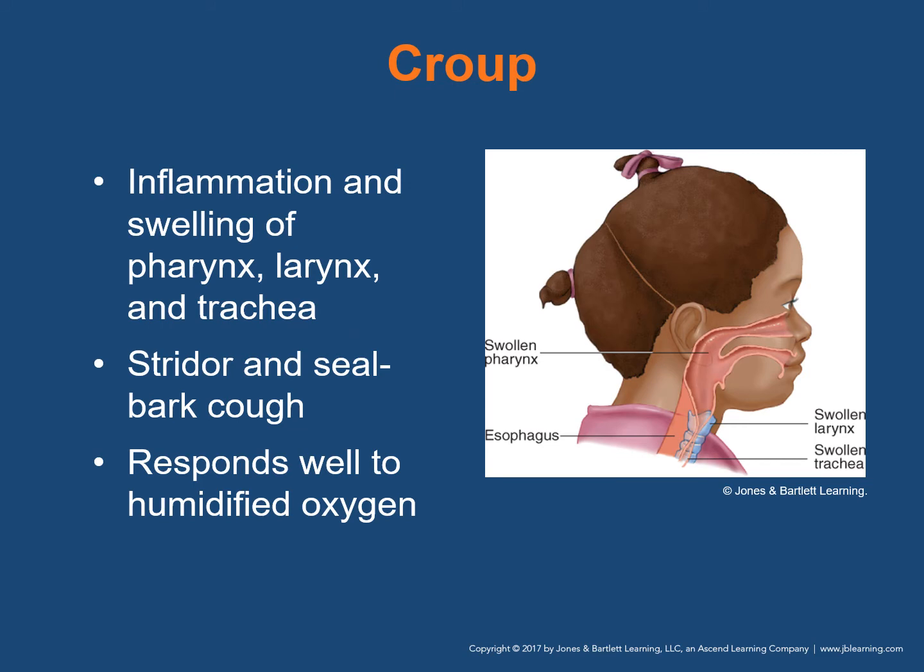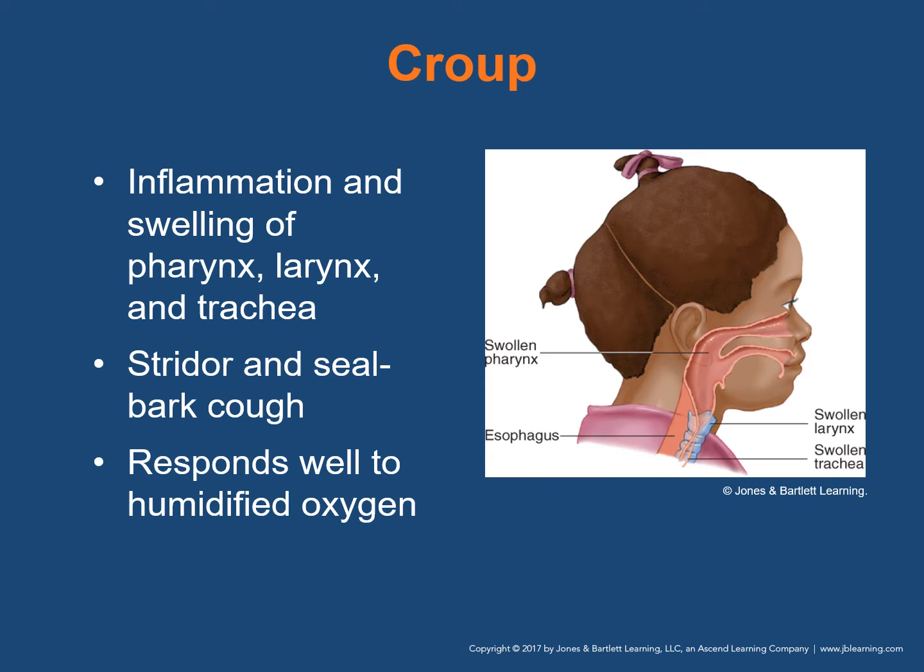Okay, let's talk about croup first. Croup basically is swelling and inflammation in the pharynx, larynx, and trachea, and that soft tissue there. It's quite frequently seen in little kiddos, 6 months to about 3 years. It usually peaks in late fall and winter, when we'll have a lot of croup calls.